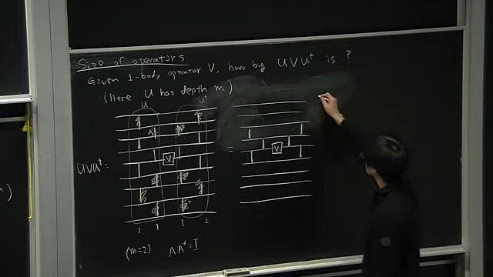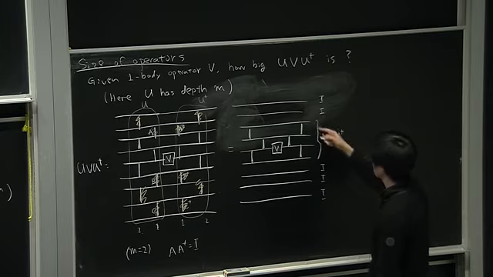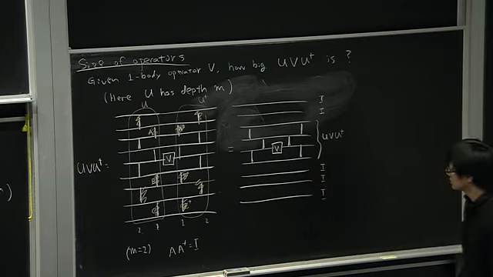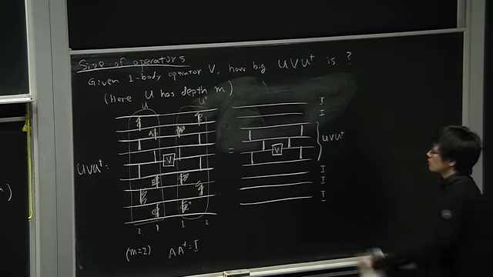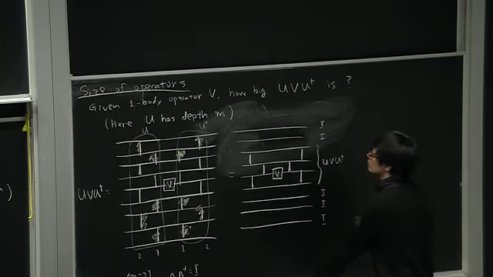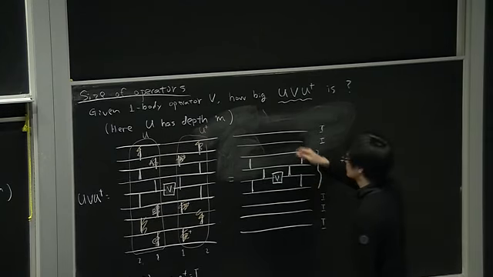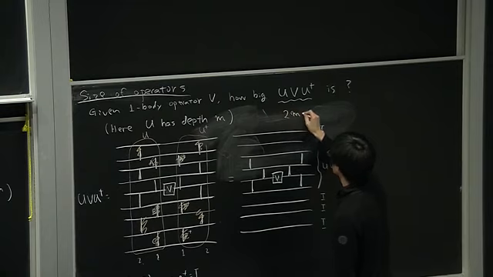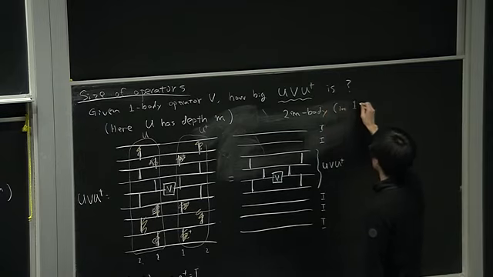And this straight line means that this is just an identity operator. And then this UVU dagger will be a 4-body operator living on this region. So by using this argument, you see that this object, how big, we have a concrete answer that is 2M body. Well, of course, in 1D geometry.